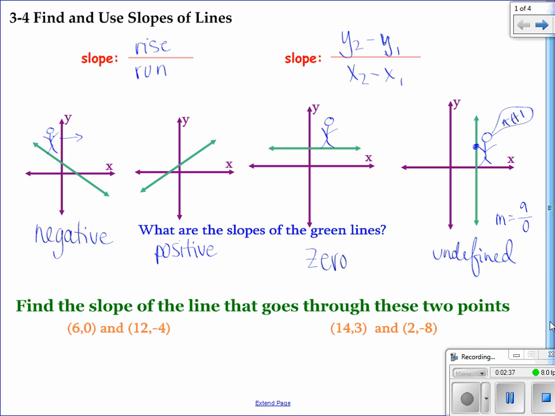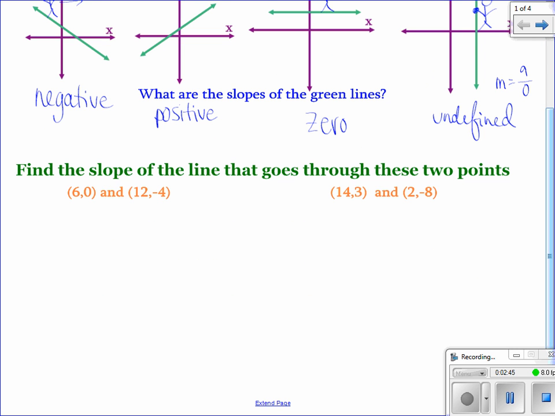So using this equation that we highlighted up here at the top, we're going to practice finding the slope. You can subtract the y values in any order that you want to. The x numbers that you subtract just have to go in the same order.